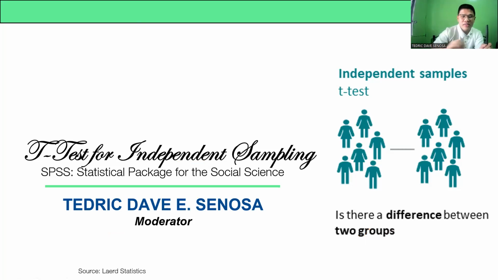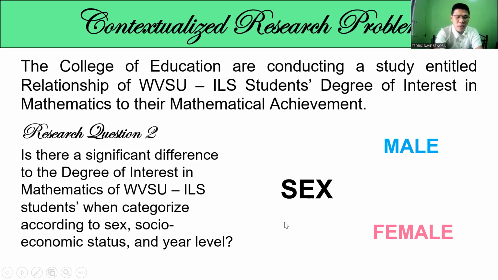There are two names for this, independent sample t-test or t-test for independent sampling. So is there a difference between two groups? Always remember independent sampling. So our question number 2, going back, we can answer only the question on the sex part when categorized according to sex.